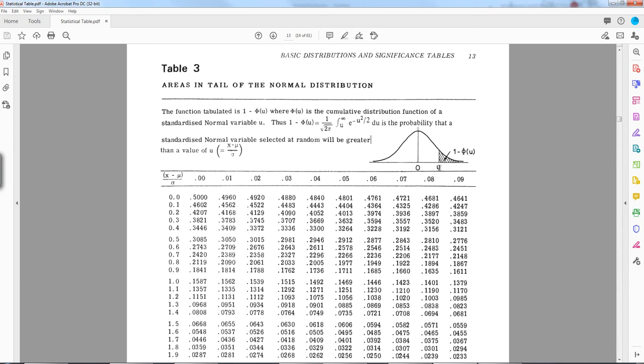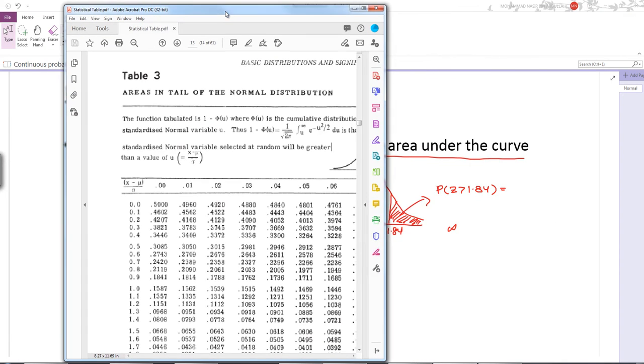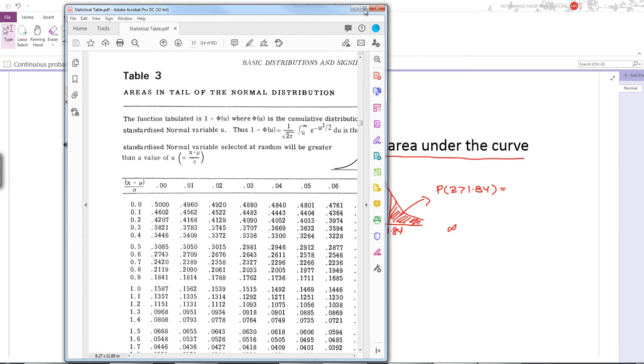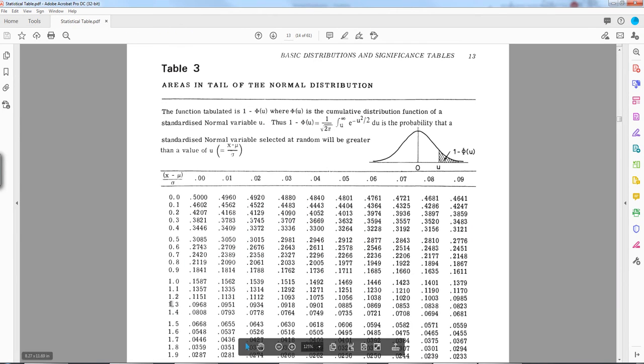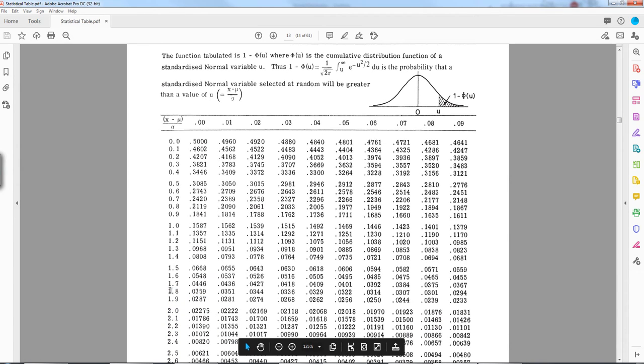So u is a z distribution, u is x minus mu divided by sigma, and then 1 minus phi u is our probability value. If you want to find z more than 1.84, it should be 1.8 here and 4 here.